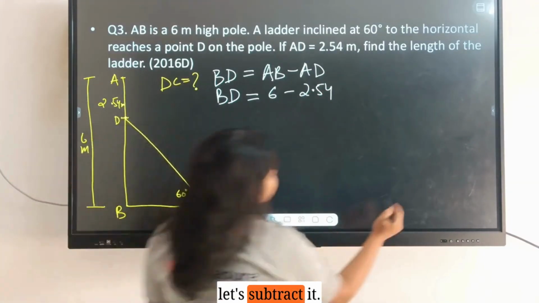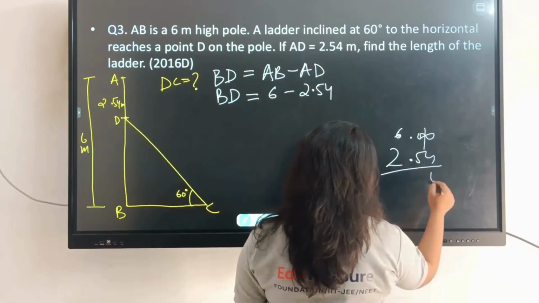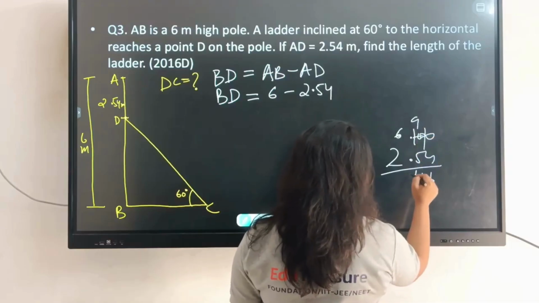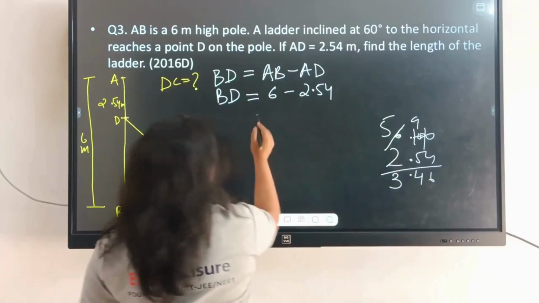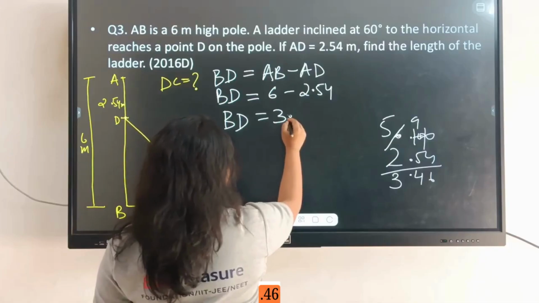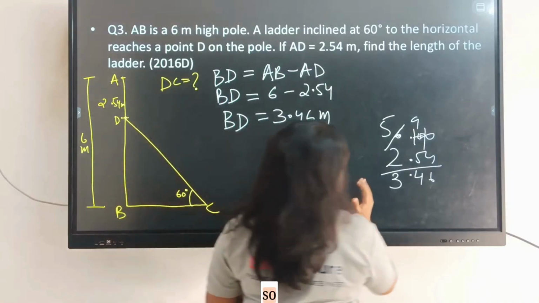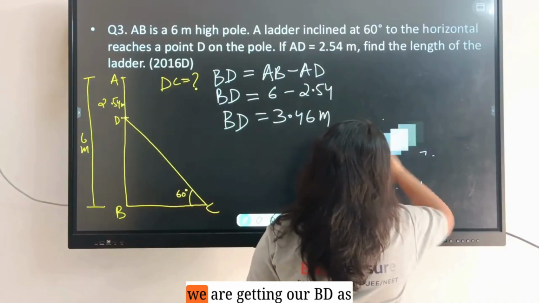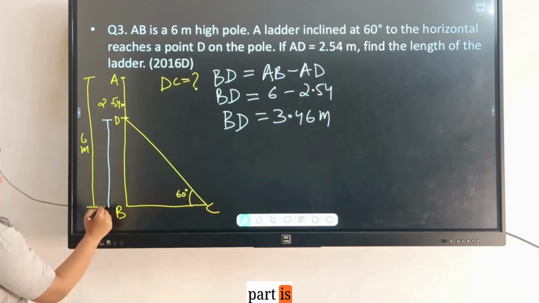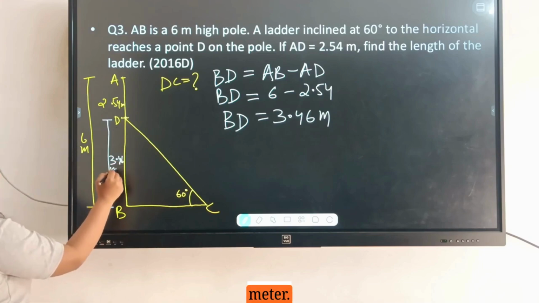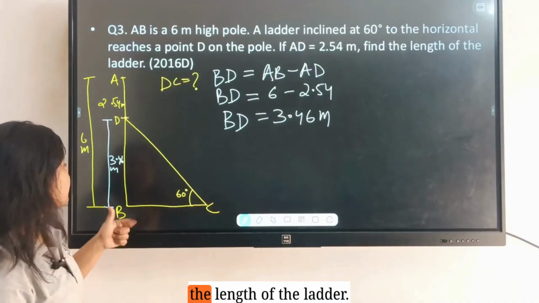Let's subtract it. So we get our BD as 3.46 meter. Don't forget to write the units. So this part is 3.46 meter.